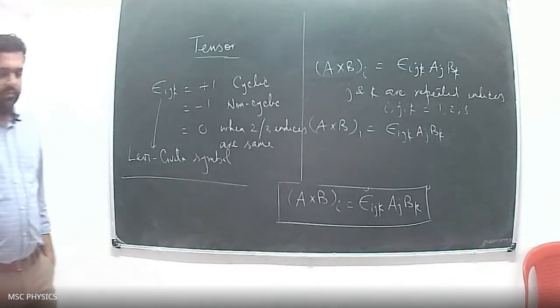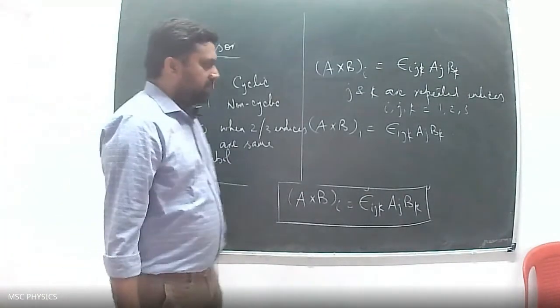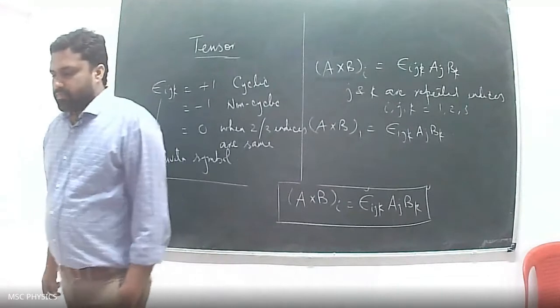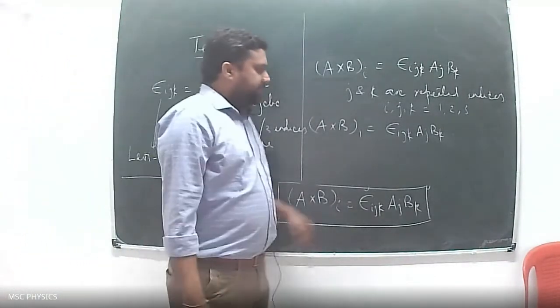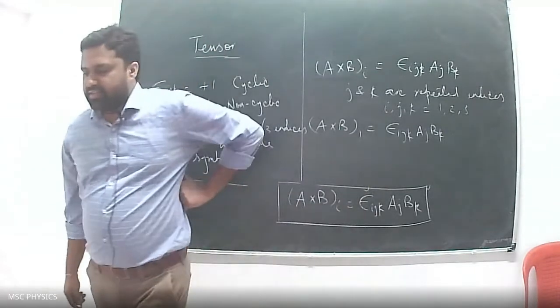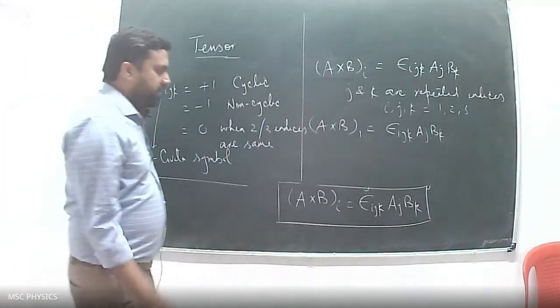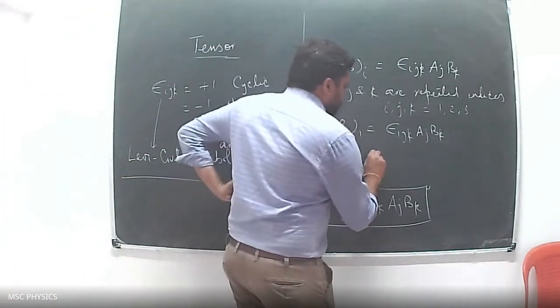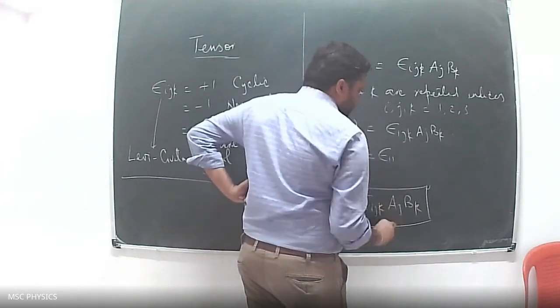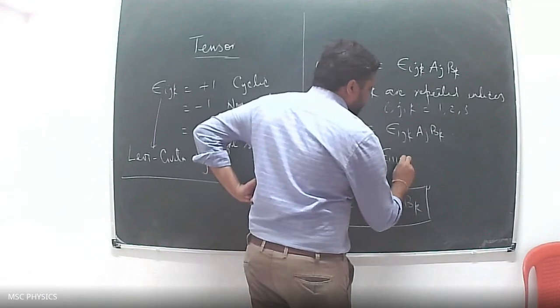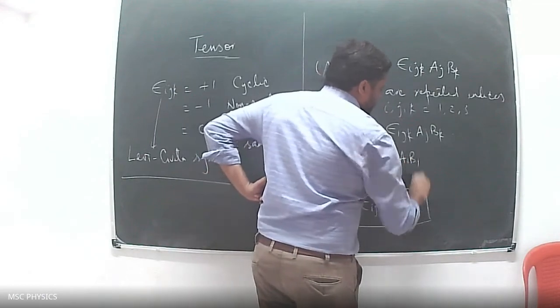Now we know j and k will be summed over. So what will I get now? Let me run over j first, and then over k. Let me take j equal to 1 first. So epsilon 1, j is 1, k is 1, so this will be a1, b1.